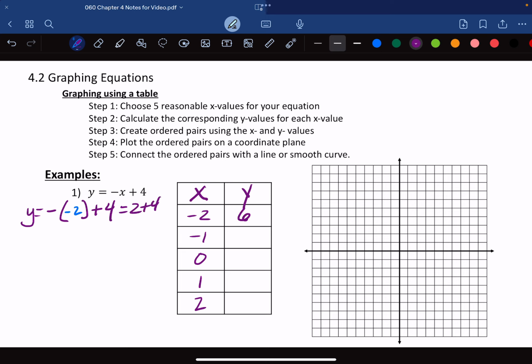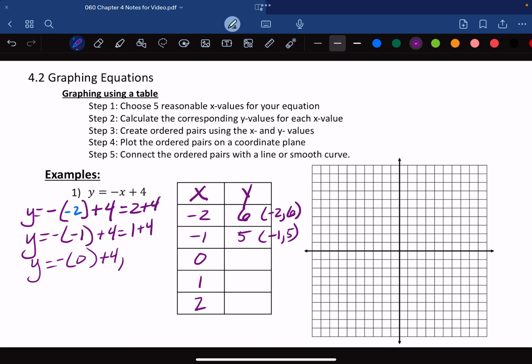So I have the opposite of -1, which is 1, plus 4, which is 5. And then, you can't really have a -0 because 0 is neither positive or negative. But either way, 0 plus 4 is 4. And then this time we have a positive 1.